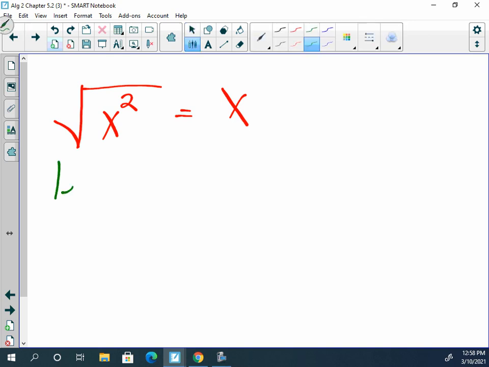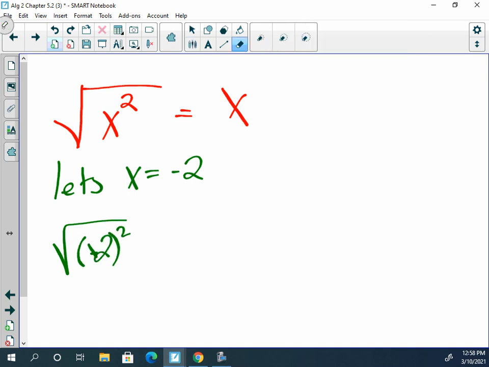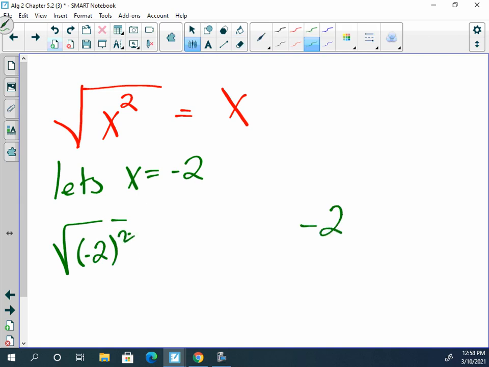Now, let's let x equal negative 2. So, on the left-hand side, if we take the square root of negative 2 squared, negative 2 squared is what we have, yes? On the left side, we're saying it is what? Negative 2, right? Because the square root of x squared is just x.